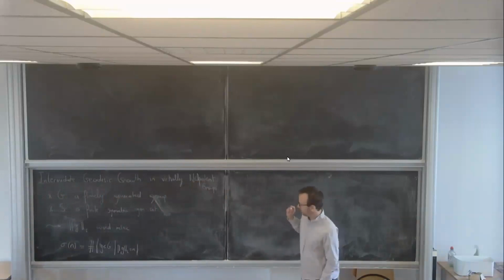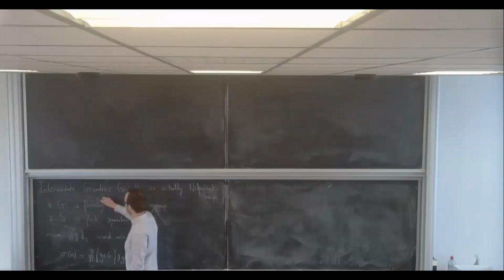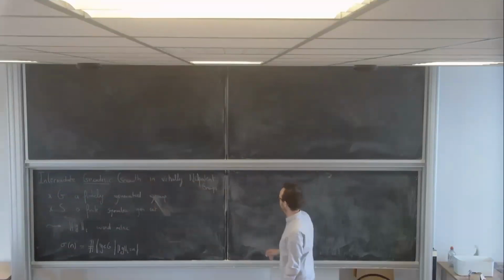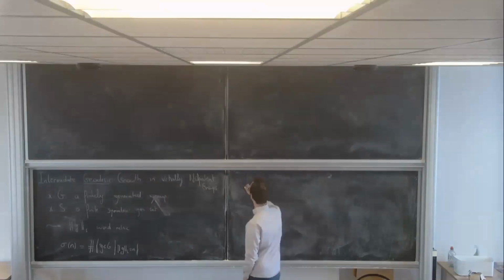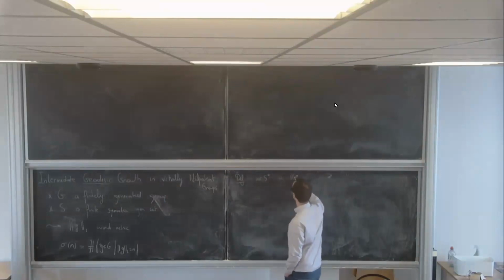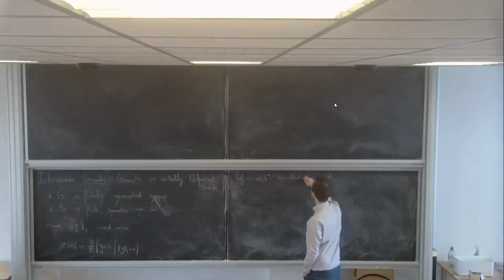So in this talk, I'm going to do something a bit different because I'm going to look at the geodesic growth. So it's kind of related, but it's also quite different. So the definition. First, what's a geodesic? A geodesic is just a word, so an element in the monoid over S, such that the length of the word is exactly the length of the element it represents.